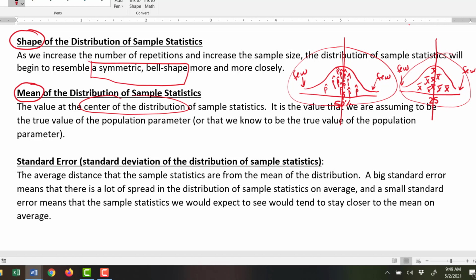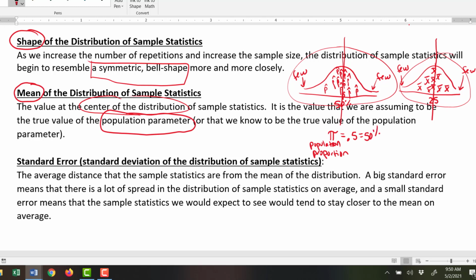And it turns out that that value right in the center is the population parameter. So for the flipping coins, we would be saying that pi, the population proportion, is actually right in the center of that distribution. It's 0.5. It's 50%.